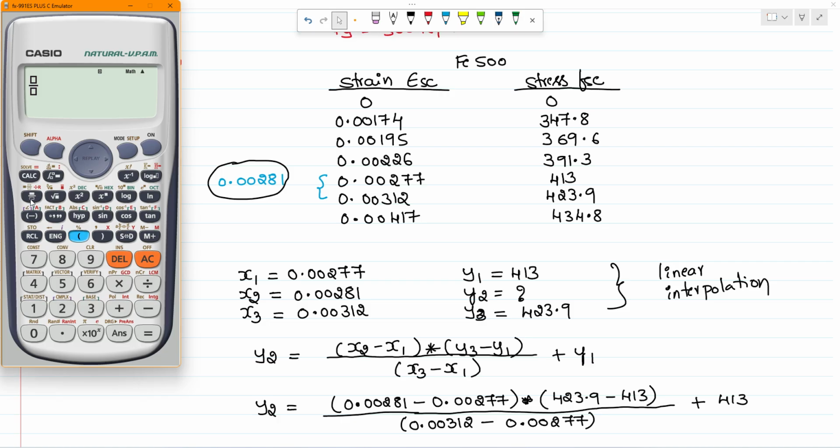First, it is 0.00281 minus 0.00277, into 423.9 minus 413, divided by 0.00312 minus 0.00277, plus 413. So it is 414.24.